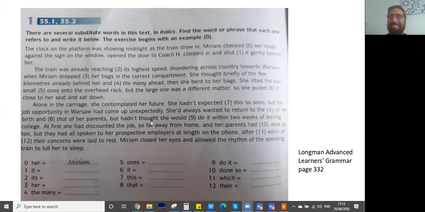So this is basically after speaking to the prospective employers. After speaking to them, their concerns were laid to rest. Who's their now? I don't think it's the employers who were worried. I think it's somebody else who's worried, not the employer.